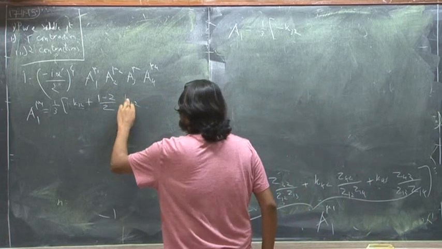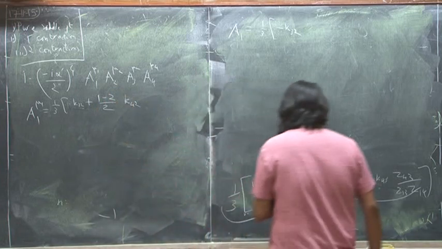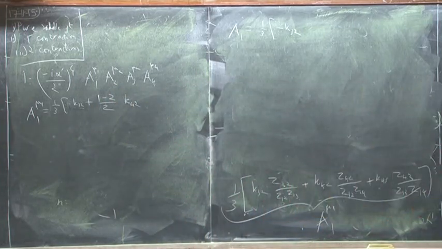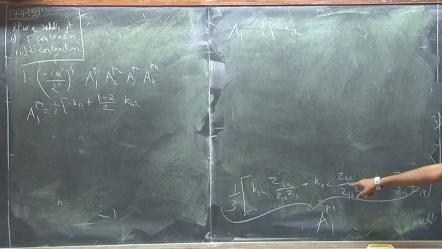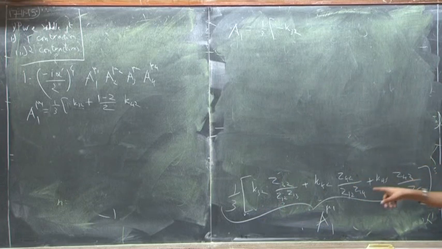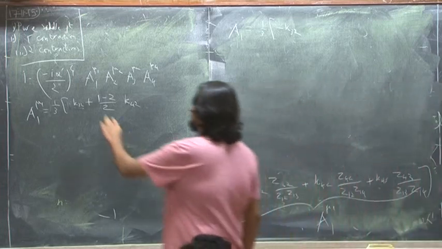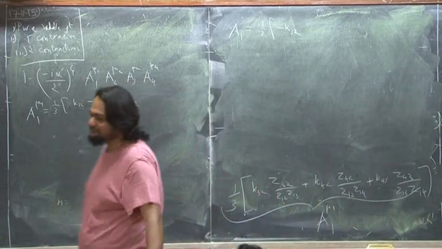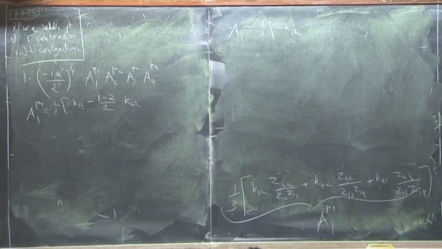K42. Wait, what about the sign of Z12? It went into making Z minus 1 after Z. Z42, yes, that's Z minus 1. And Z12 was minus Z. Okay, I'm just going to copy it.